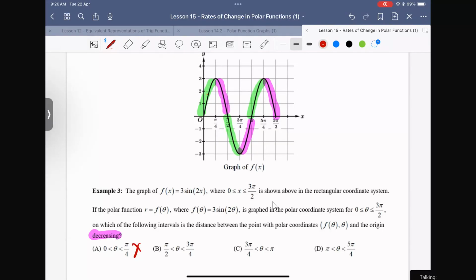From pi over 2 to 3 pi over 4, no, that is increasing. From 3 pi over 4 to pi, yep, that one is correct. From pi to 5 pi over, no, that one is not correct. So our correct answer here is C.